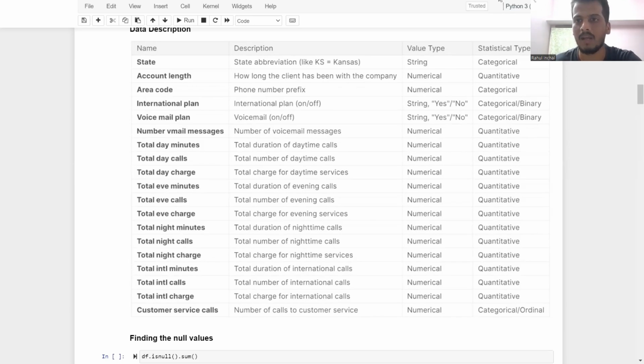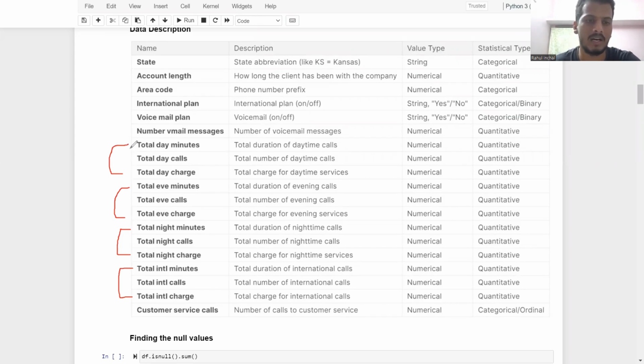So we can see, I tried to annotate so that we get to know what these things are. These three belong to the same unit: these three for night, these three for evening, and these three for day.